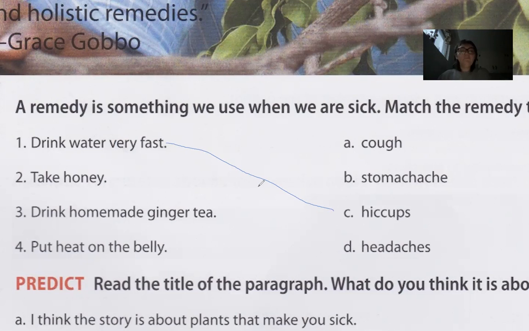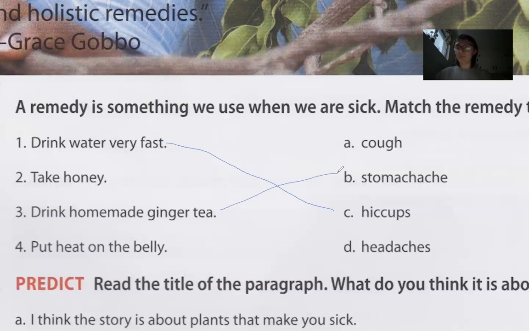Okay. Now, the next one. I'm not quite sure because what do you take honey for? Do you take honey for a stomachache, a cough, or a headache, right? So I usually put something hot on my head for headaches. But a stomachache, I've heard that you can do ginger.